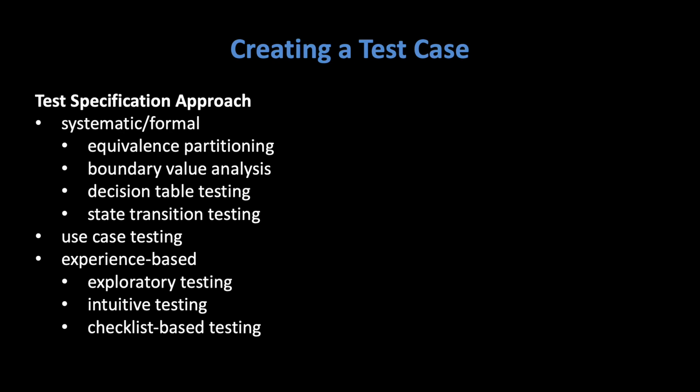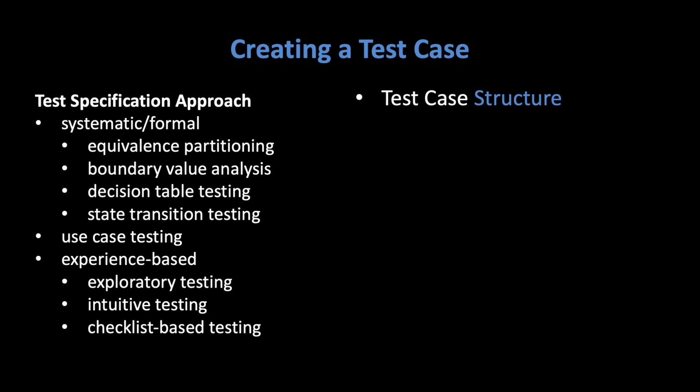Here the test basis is no longer tightly linked with the test specification. So you have exploratory testing, where you have guidelines on what to test, but you no longer follow a very specific test case.